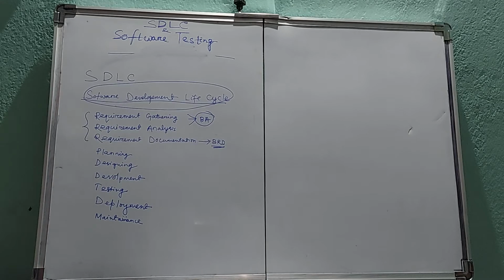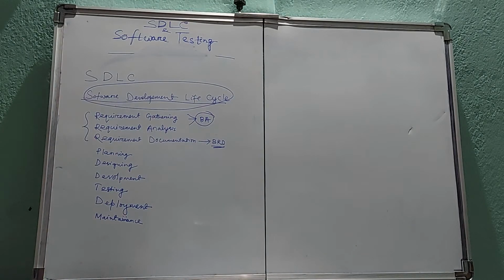So what could be the types of requirements? In an ATM: checking the balance, getting a mini statement, withdrawing money, depositing money, or updating the mobile number. These are the various activities, even generating a password for the ATM card. So these are the various requirements that bankers will give to the business analyst.